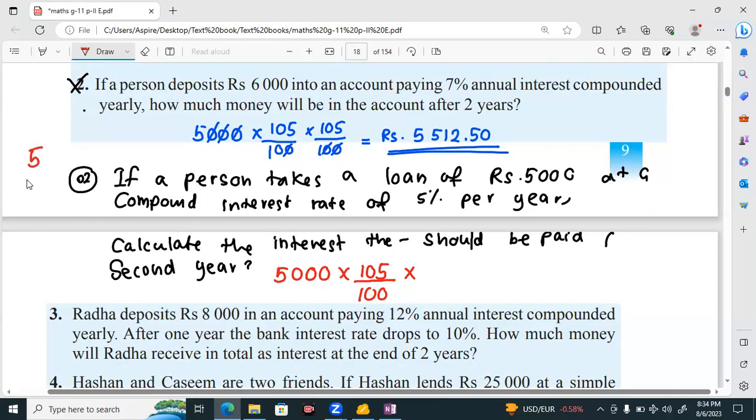Is it 5 or 100 or 105? Is it the first one, the second one or the third one?